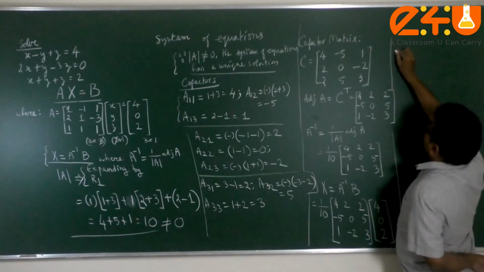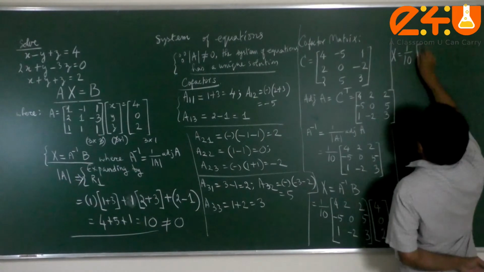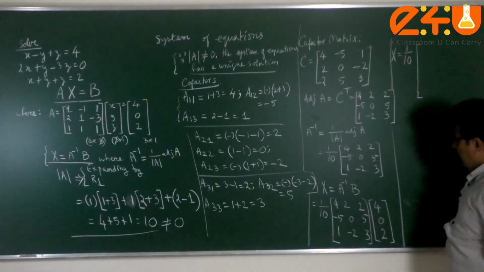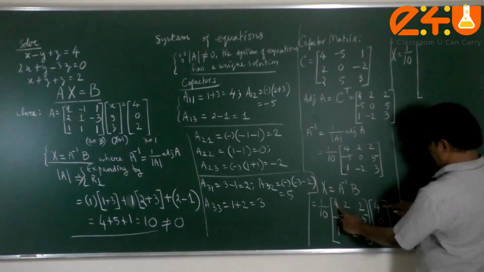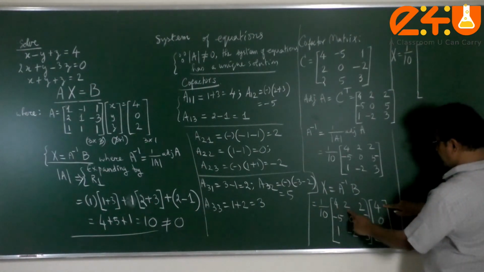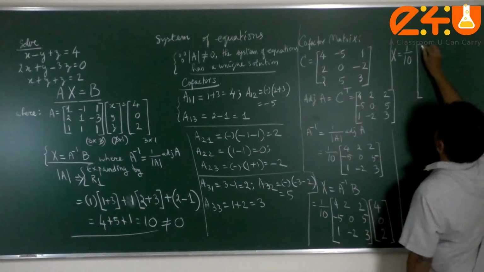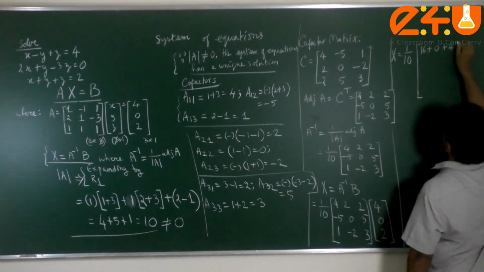We'll continue. So X matrix, I am holding 1 by 10 outside. Row 1, column 1, yes, let us go ahead. We get 4 times 4, 2 times 0, 2 times 2. So it is 4 times 4 plus a 0 plus 2 times 2.